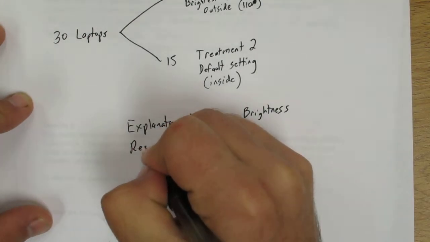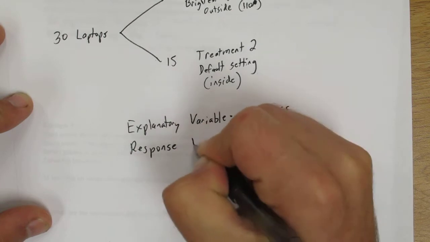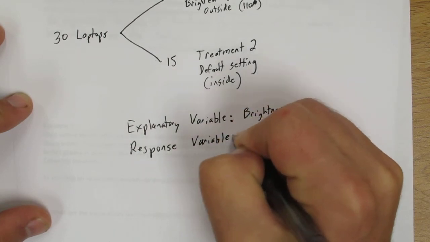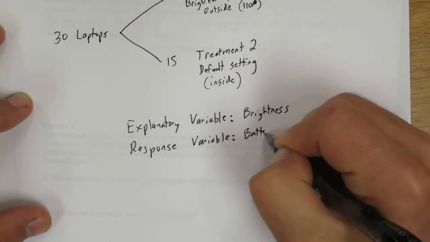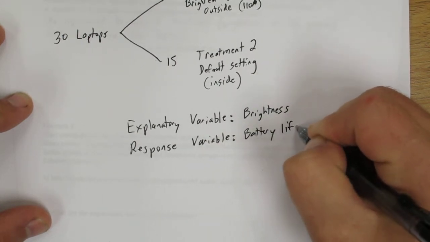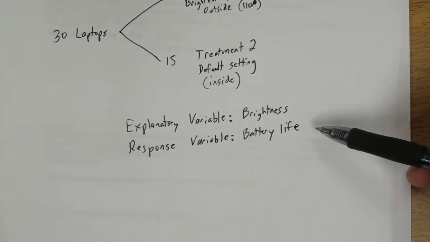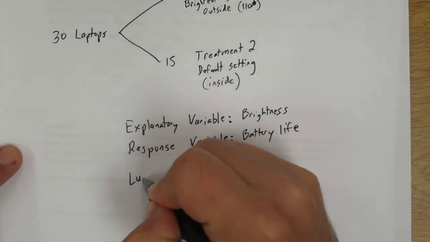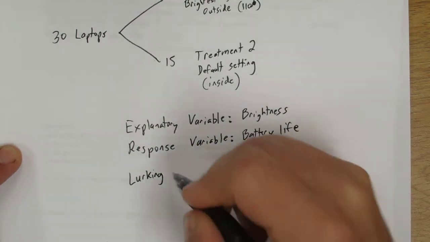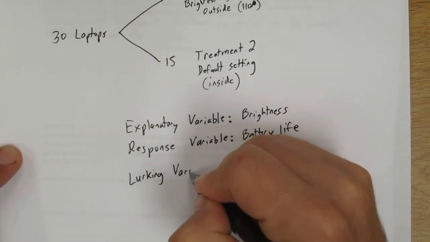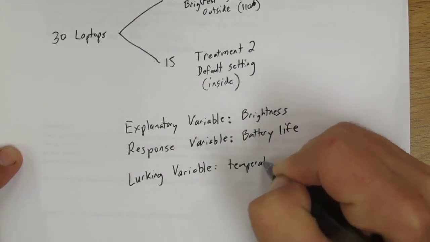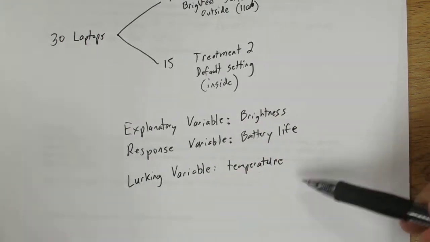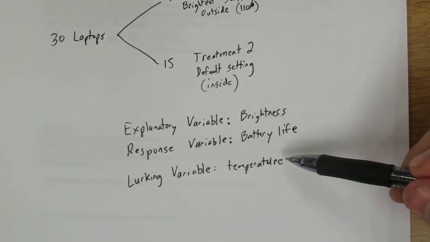The response variable was battery life. And these are the only two variables the researchers intended to study. However, this lurking variable has emerged. Temperature.